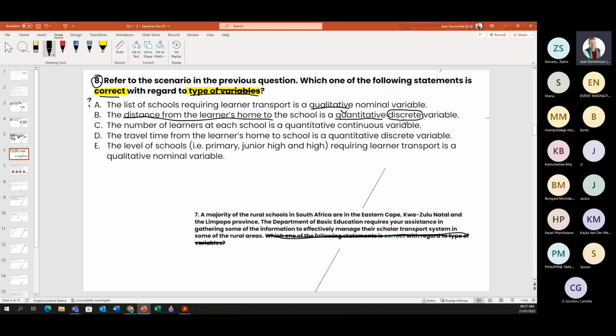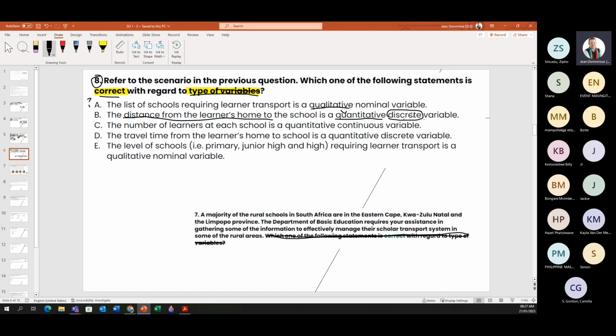Discrete is basically saying that you know it is 14.5, 14.6, or you exactly know what the measurement is.